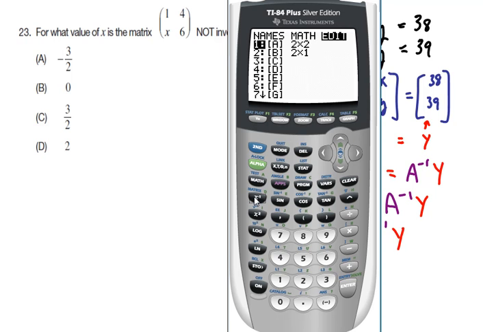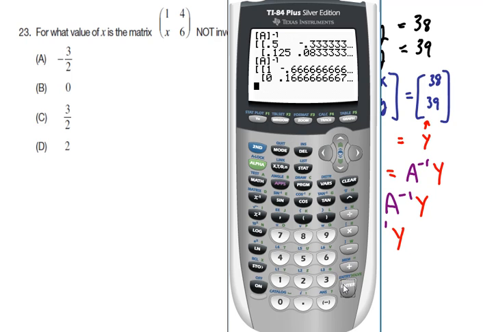Go back to edit matrix A. And instead of 1.5, this time I'm going to put in a 0. Enter. I'm going to quit out of that. And I'm going to do the same thing. I do second, enter to recall the last expression, and that has an inverse.